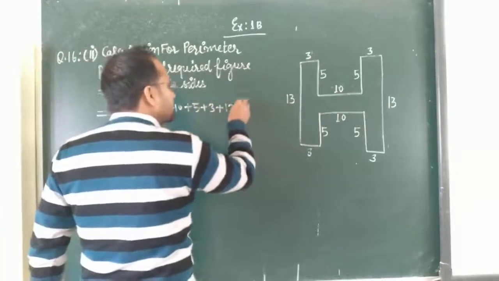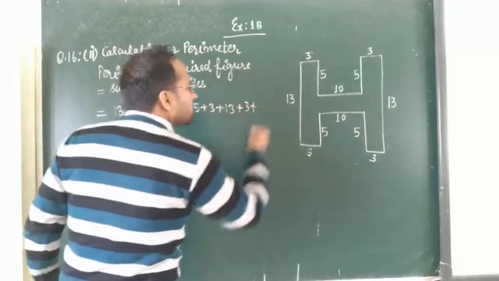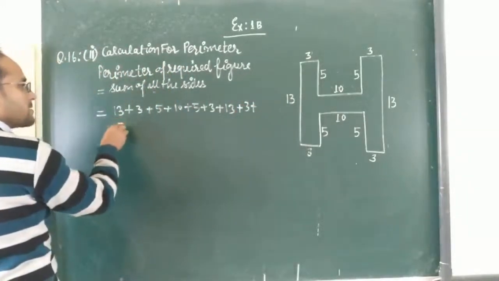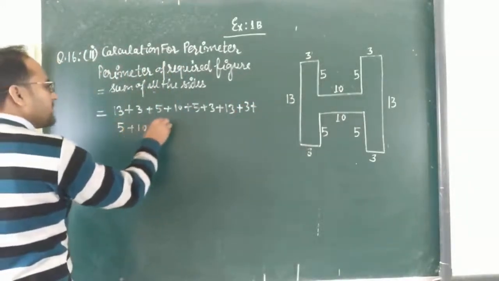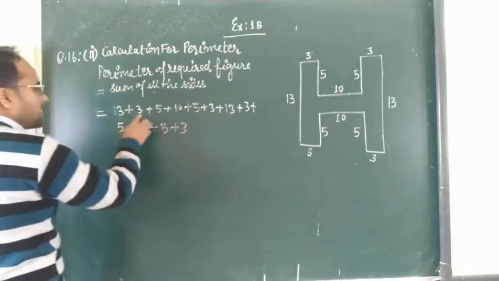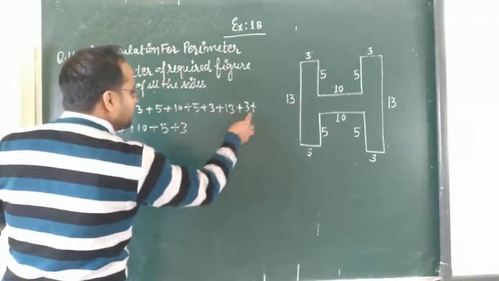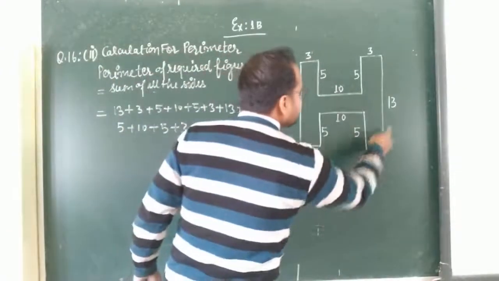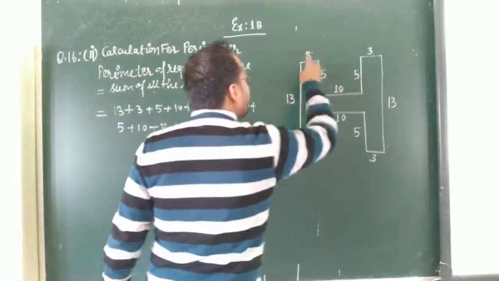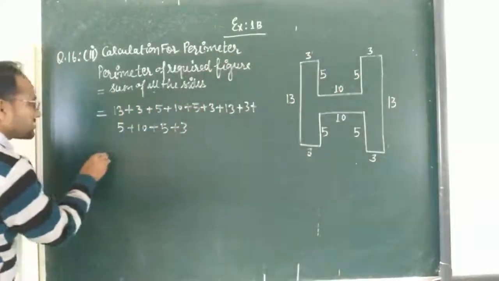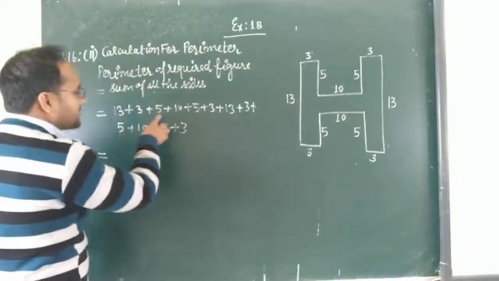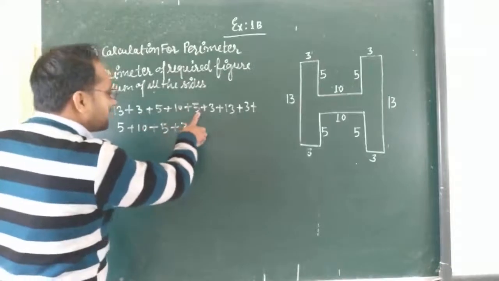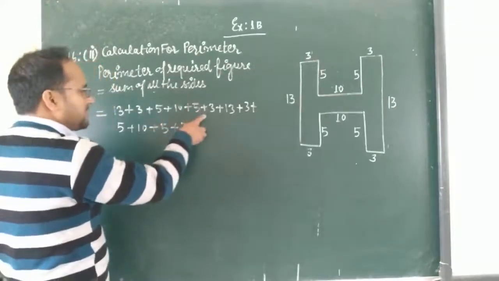Then we count these: 3 plus 5 plus 10 plus 5 plus 3. That is 1, 2, 3, 4, 5, 6, 7, 8, 9, 10, 11 and 12. If you add these, 6, 3, 3, 6, 5, 8, 8, 5, 16.